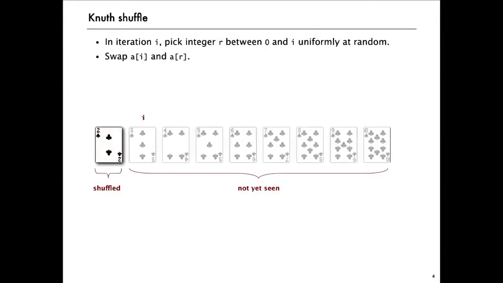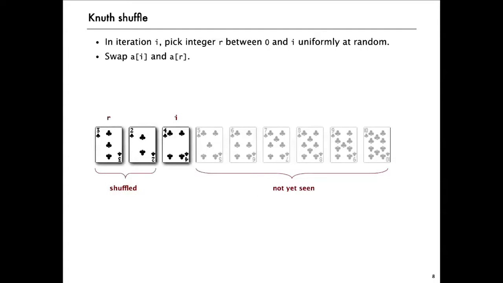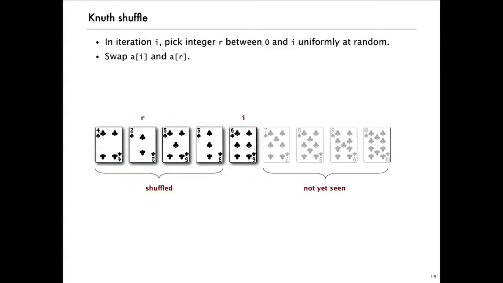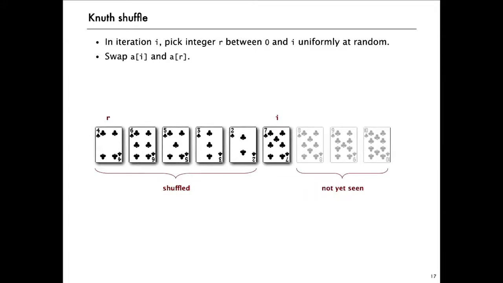Now with i pointing to the second card, we generate a random integer between 0 and i. In this case, it's the one to the left, and we swap those. Increment i, generate a random integer. This time it's going to be the first one again. Swap them. Increment i, generate a random integer. Swap them. Increment i, generate a random integer. Swap them. And continue in that way.